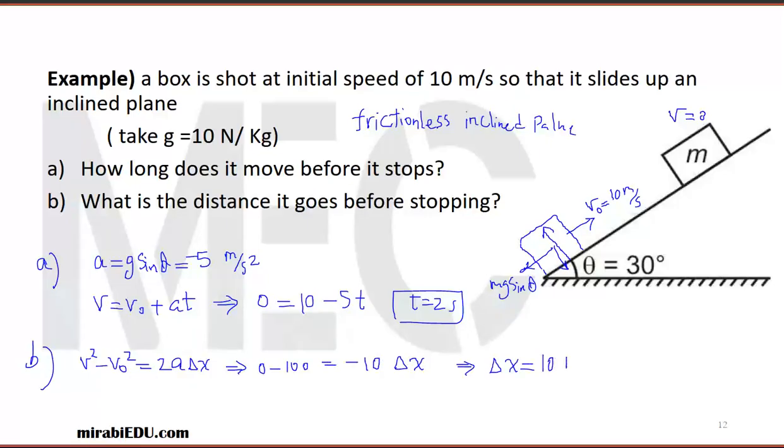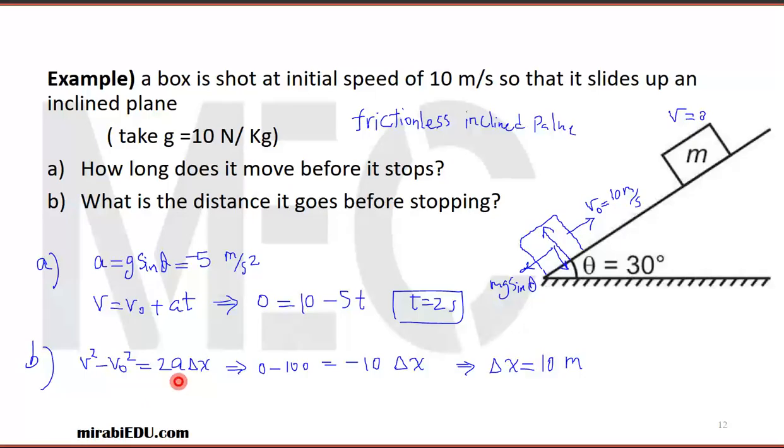So it goes 10 meters up, or we can say the height will be 5 meters. But what is the distance it goes? The distance is 10 meters. It goes 10 meters before it stops. So I used the time independent formula to find the distance covered.